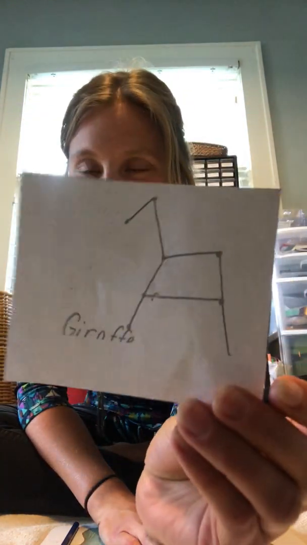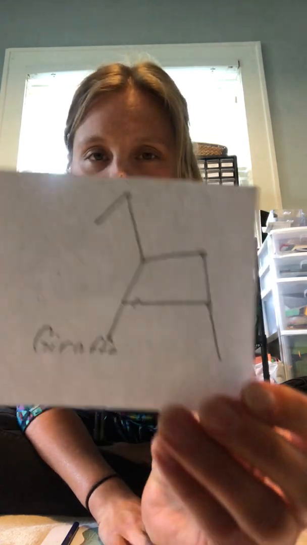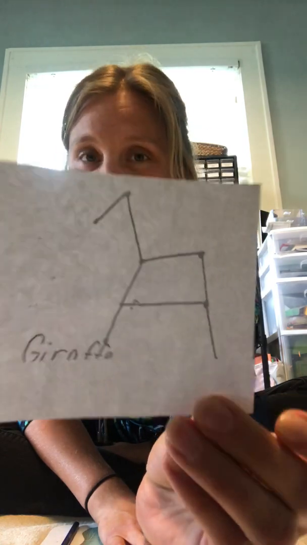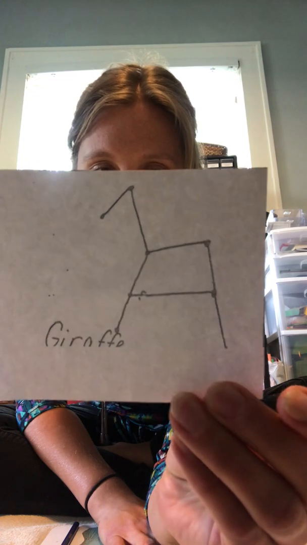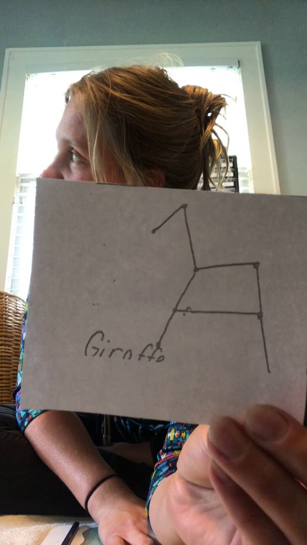All right, our next constellation is known as the giraffe. So the giraffe is a large but faint, which means not very bright, constellation. It's made up of 8 stars. So I've had a hard time finding this one, but maybe you'll have better luck.